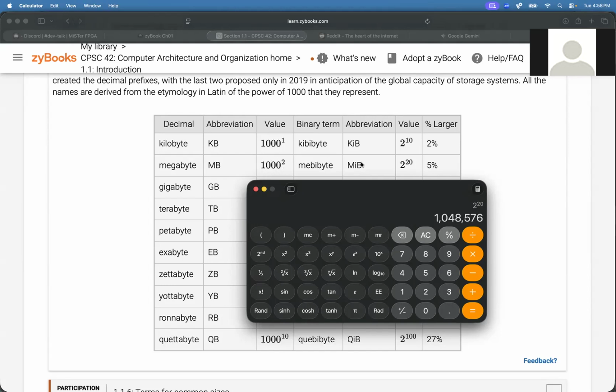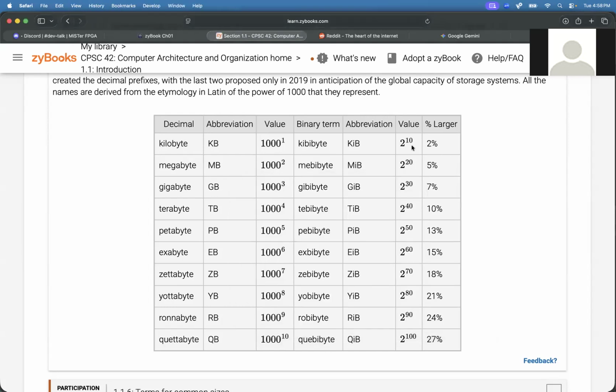So this one over here is a million. This one over here, 2 to the 20th, is actually bigger than a million by 4.8%, which they're rounding to 5. And so these base 2 prefixes are all larger than the equivalent base 10 prefixes that you have over here on the left. And they use that against you when you're buying things like hard drives, because you would hope that if you're getting a gigabyte, it was 2 to the 30th.